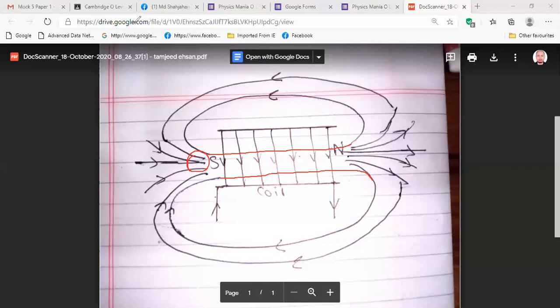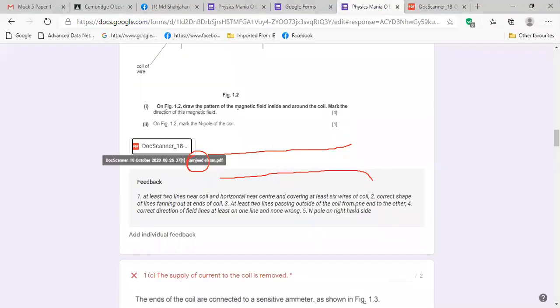Okay, so here you are getting, look, this point is okay. The first point, you missed the first part, that is showing horizontal near the center. You did not show this part.